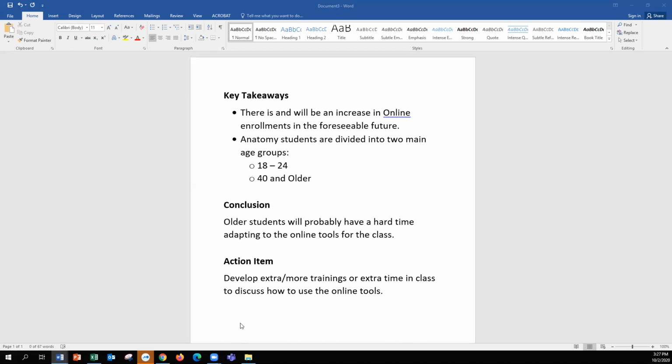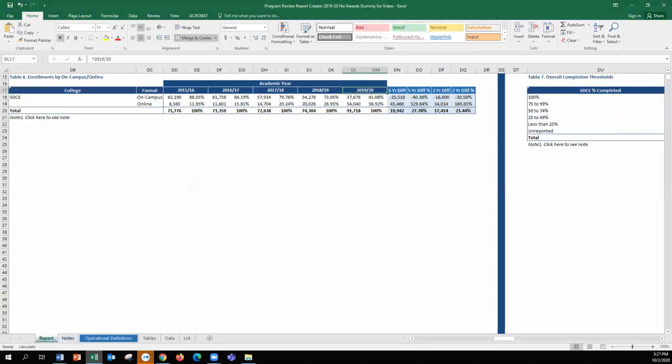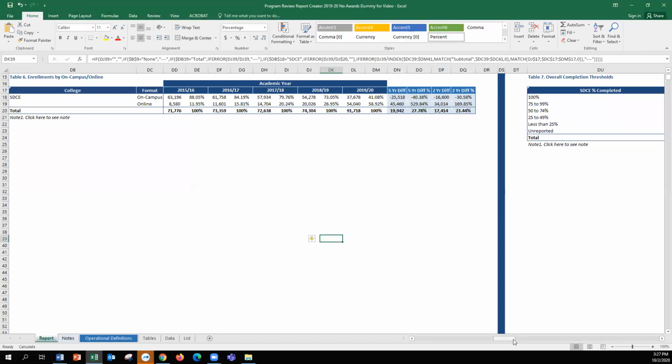Maybe he can offer some extra credit, or just force the class to have study groups, with him choosing the groups, so the students can help each other. So in the end, he's probably going to create study groups, putting older students together with younger students, and hopefully that'll work.